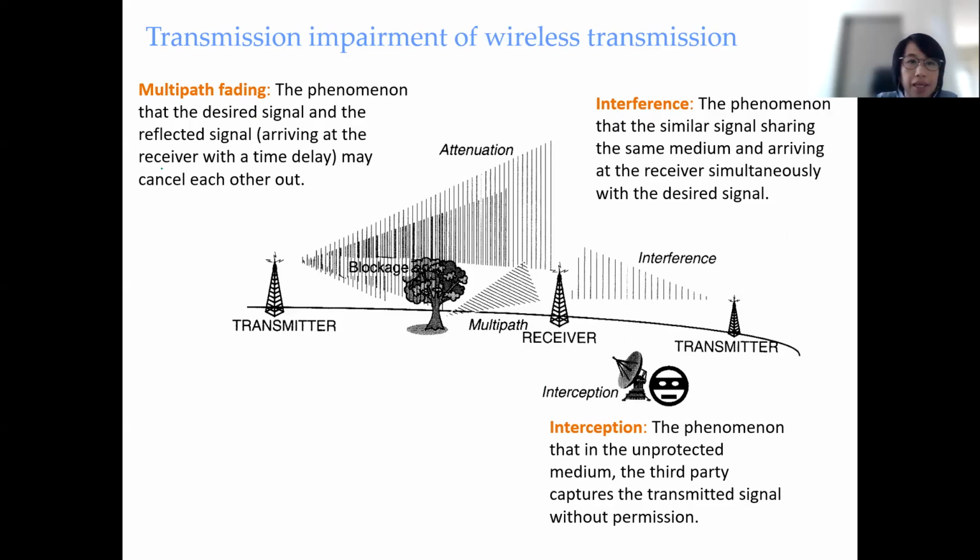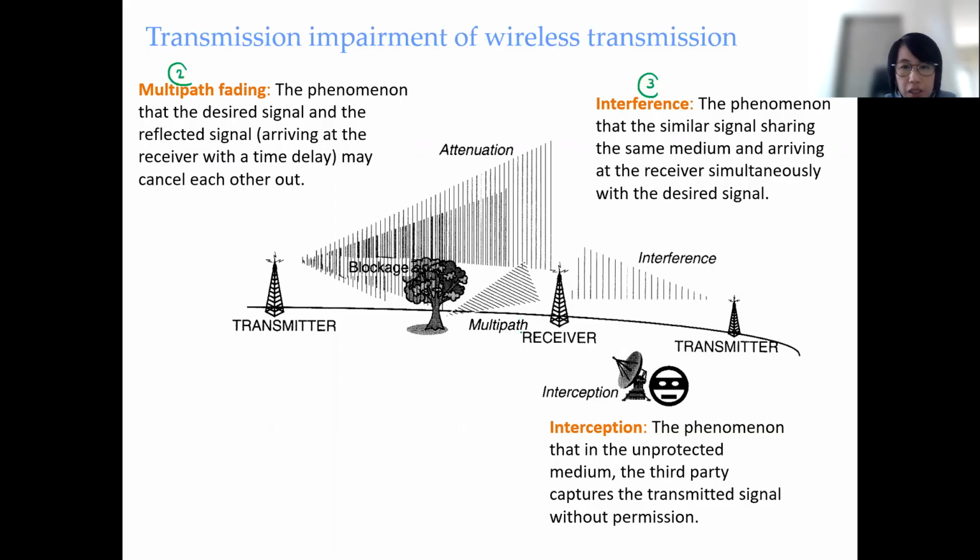And then for the second impairment, or problem, we call multipath fading. The definition is quite similar to interference, but actually they are different. Multipath fading is the phenomenon where the desired signal and the reflected signal arrive at the receiver and may cancel each other.